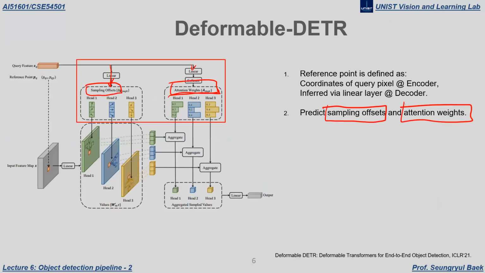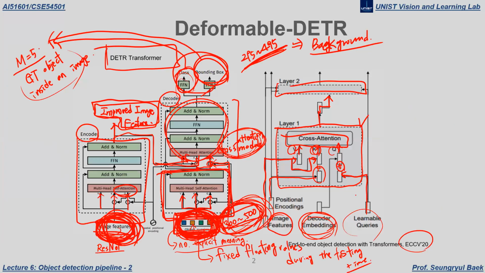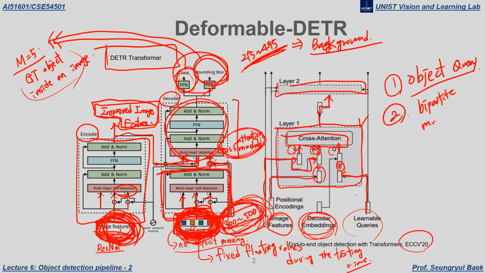Pure DETR's object queries have some problems. The first problem is that the object query does not have any spatial meaning. And second, their bipartite matching is not stable, especially in early training.